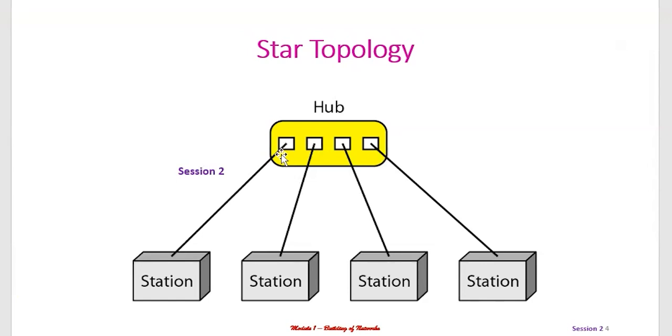It is a 4-port hub. On the other side of this hub, there is one cable or one link, a coaxial cable or an Ethernet cable, coming up. And on this side you have four links getting connected. So four stations, or four end users, can be connected here.